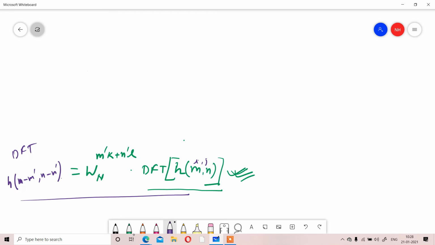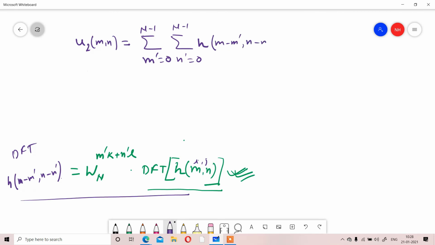Now in the main expression, if we replace the term, the main expression was u2 of m n, summation m dash equal to 0 to n minus 1, n dash equal to 0 to n minus 1, h m minus m dash, n minus n dash, u1 of m dash n dash.